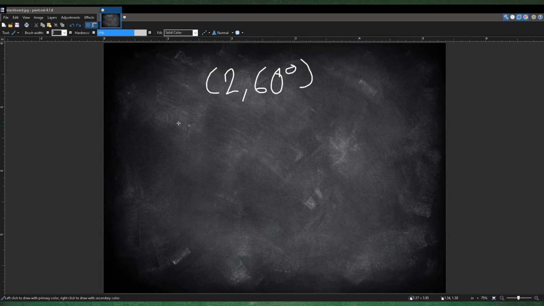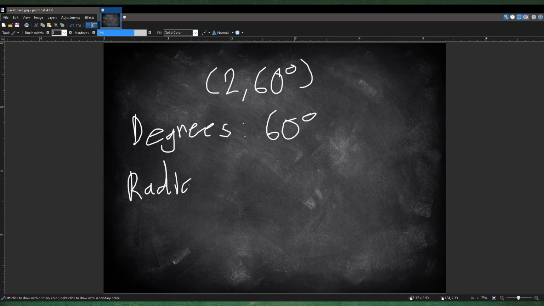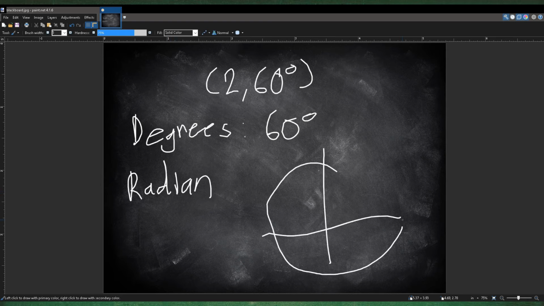And also in this class, starting from now on, we're gonna stop using degrees, because you say this is 60 degrees. Instead, we're gonna use something called radians. What degrees is basically, if you have a circle, right, and you have a point right here, and you make a triangle, you say it's 60 degrees with this theta.